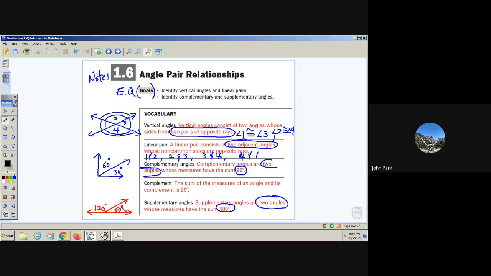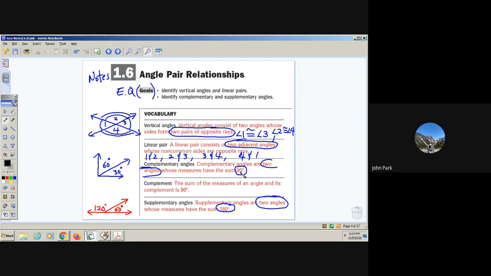Now, I drew a picture here where the two angles are adjacent, or next to each other, but that does not necessarily have to be. Supplementary angles are any two angles, not necessarily next to each other, as long as the two measurements add up to 180 degrees. Complementary angles are similar to supplementary angles.